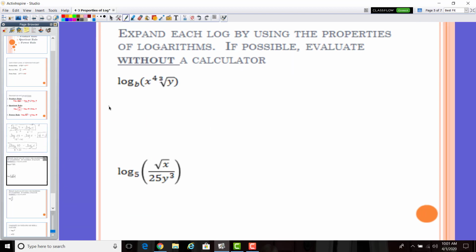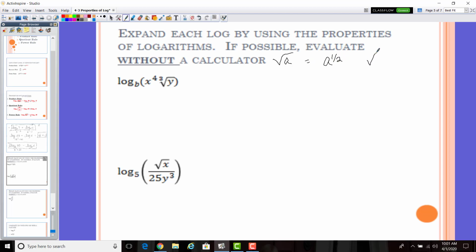Okay, moving on. You'll notice that in the properties, there is no rule for roots. So we have to figure out what to do with a root. Okay, so here's another rule. The square root of a is the same thing as a to the 1/2 power.